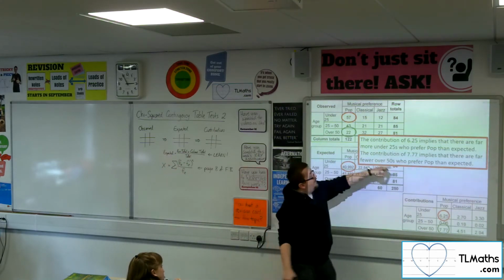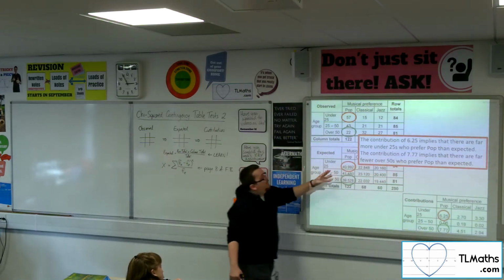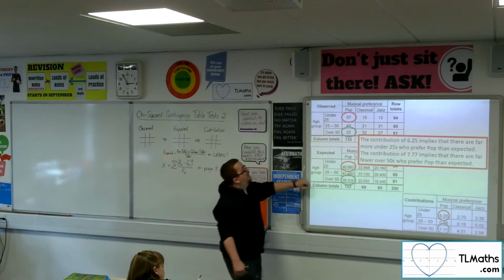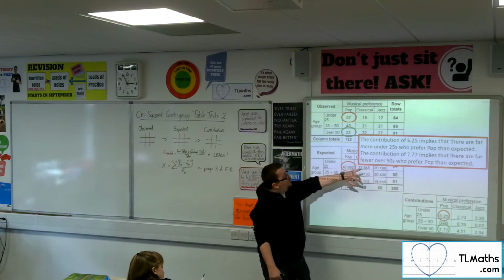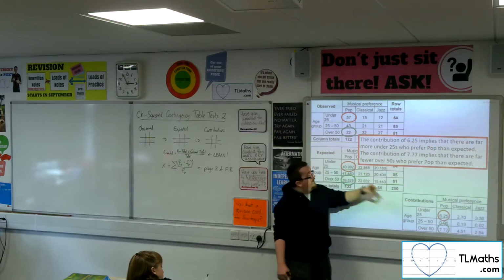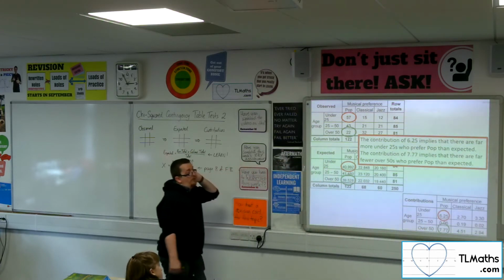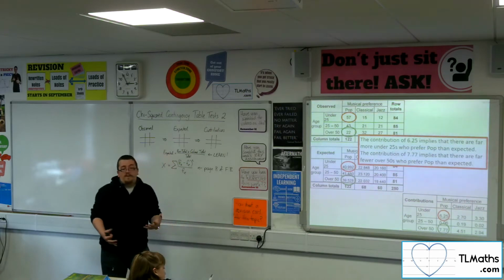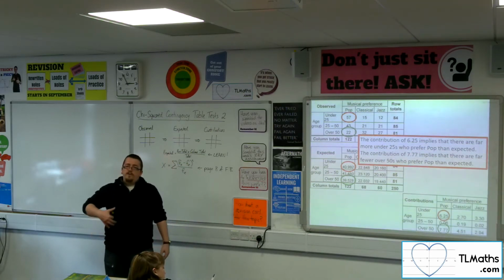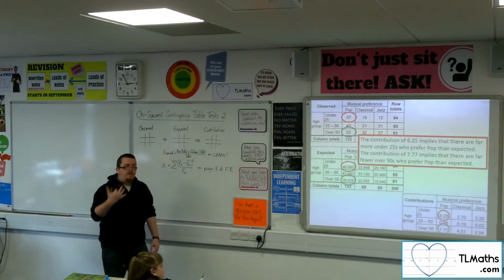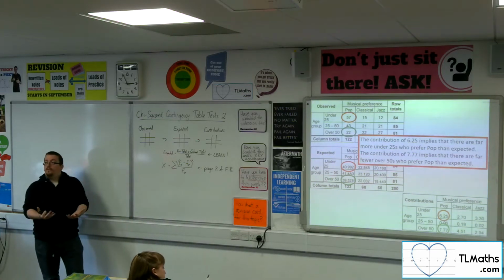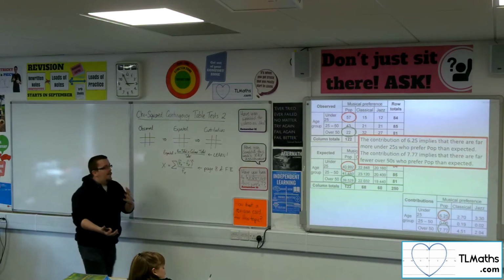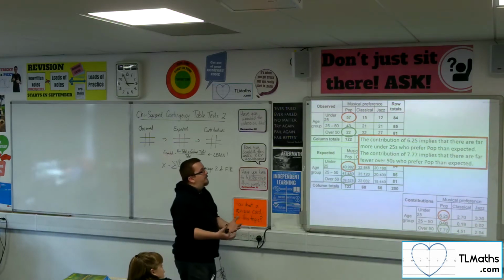The contribution of 6.25 implies that there are far more under 25s who prefer pop than expected. And the contribution of 7.77 implies that there are far fewer over 50s who prefer pop than expected. You need to make sure they're in words, and that you are talking about the contributions. It is very explicit, the mark scheme for this.